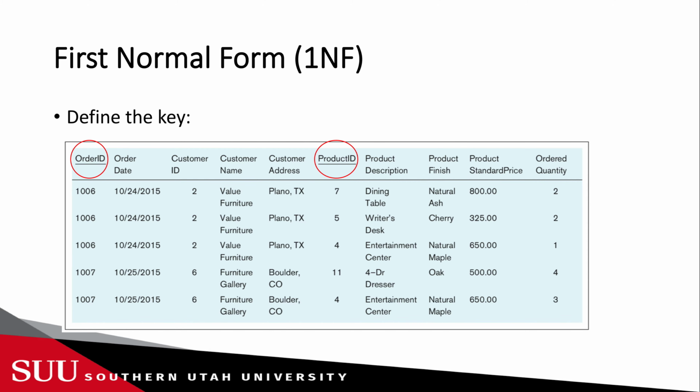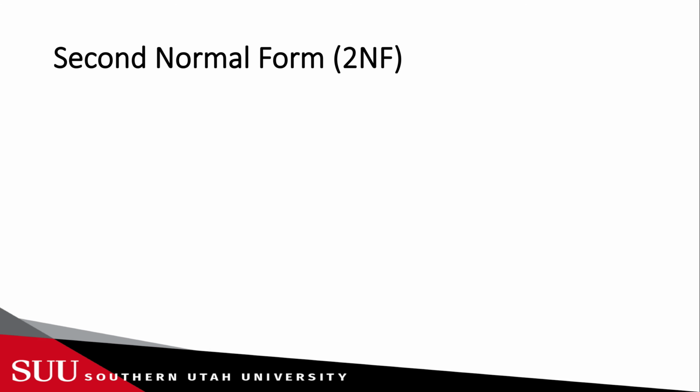So what's next? We need to take this to the second normal form. What is the second normal form? Let's see what the rules of the second normal form are. It says the second normal form is nothing but the first normal form, but we need to remove any partial dependency.